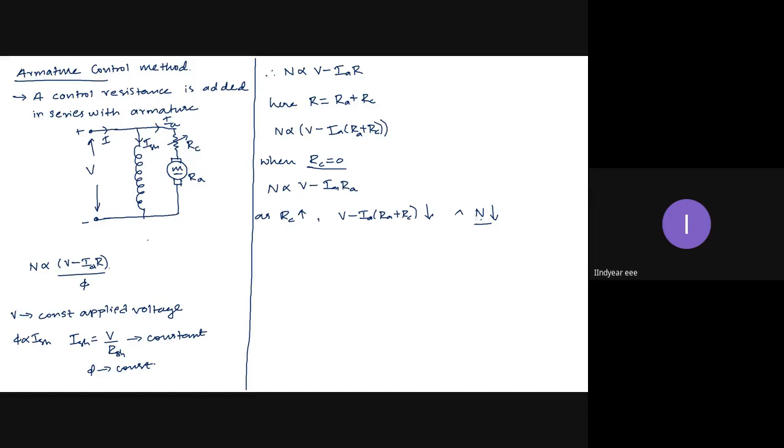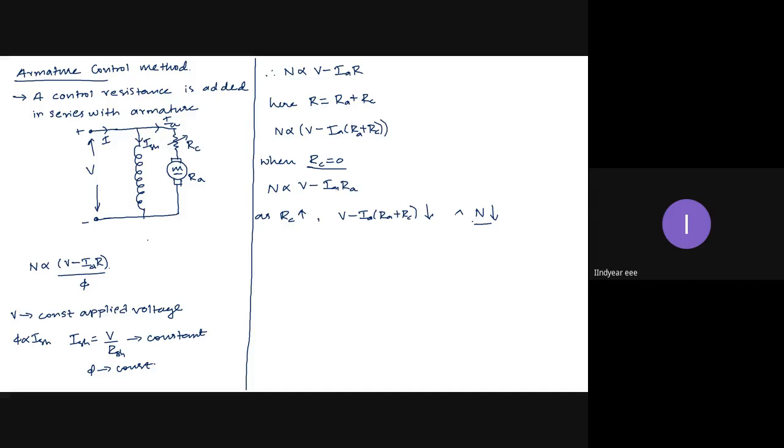Flux control method will give the above the rated speed control. Armature control method gives below the rated speed control. Okay. So I can't have the speed control with armature control method above the rated value, because the maximum speed I can obtain in armature control method is the rated speed when the control resistance is 0.